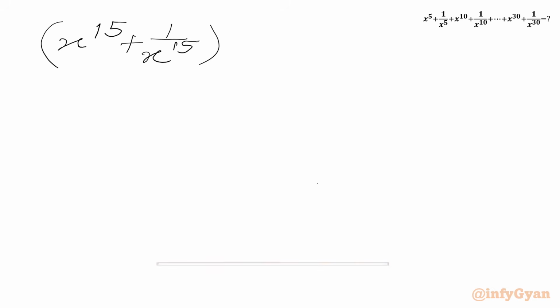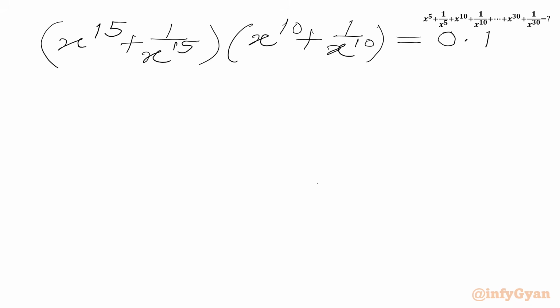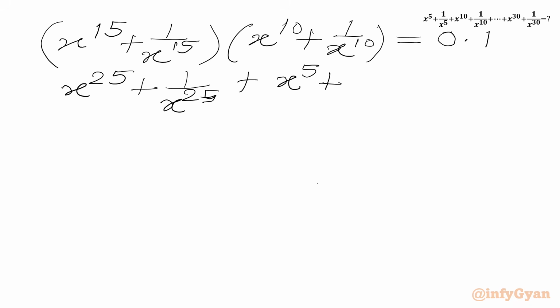We will get x power 15 plus 1 over x power 15 times x power 10 plus 1 over x power 10 equal to 0 times 1. Let's multiply term by term. We'll get x power 25 plus 1 over x power 25 plus x power 5 plus 1 over x power 5.